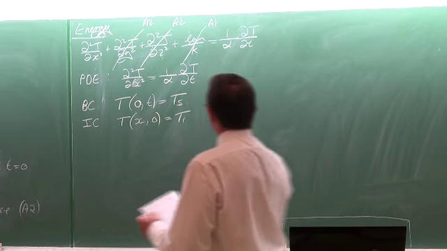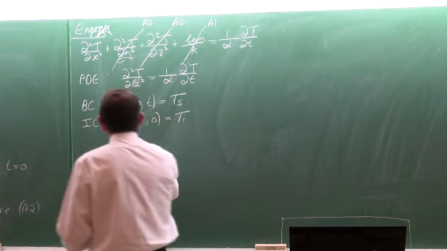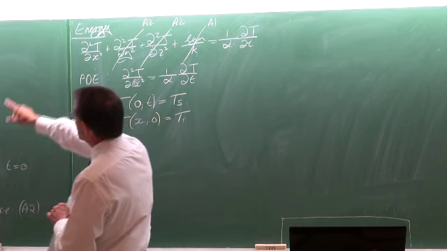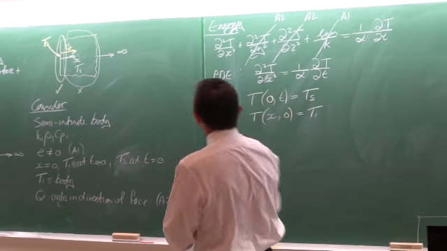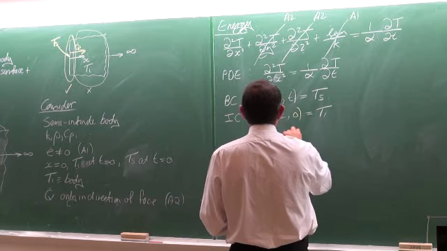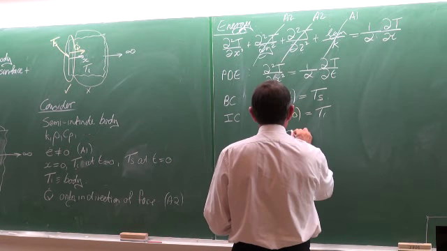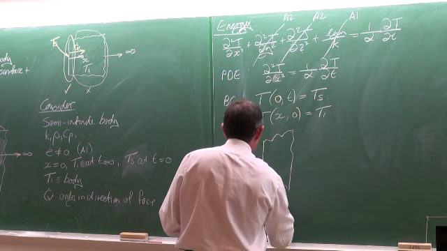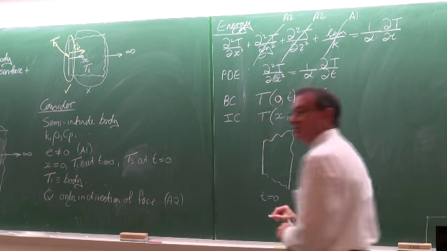So let's just show it schematically in terms of what we mean. This is the plane surface that we are considering. That is the infinite body in all the directions. And that would now be at t equals 0.